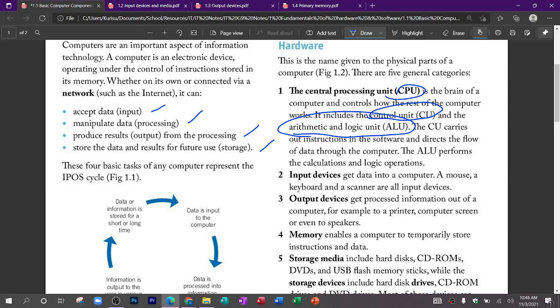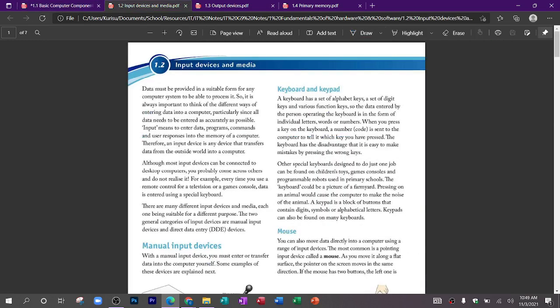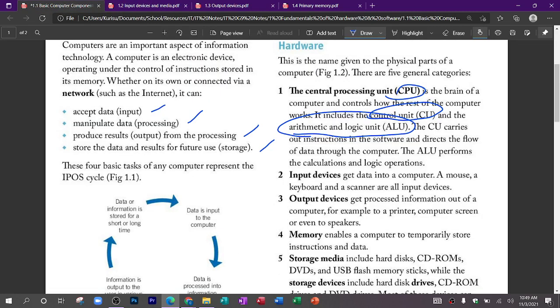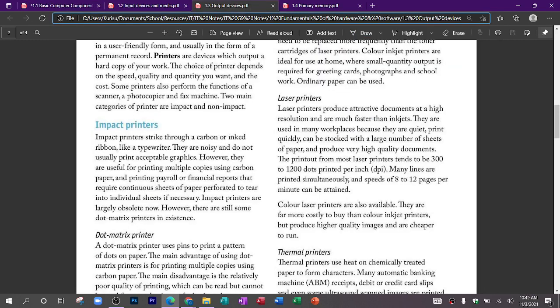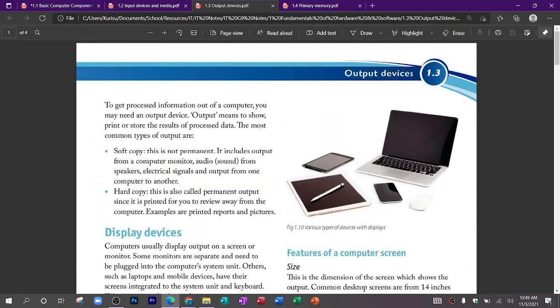The second category is the input devices, and we actually already covered that in 1.2. So we can come to that just now. And the third category is the output devices, and we covered that last week. We finished off output devices last week.